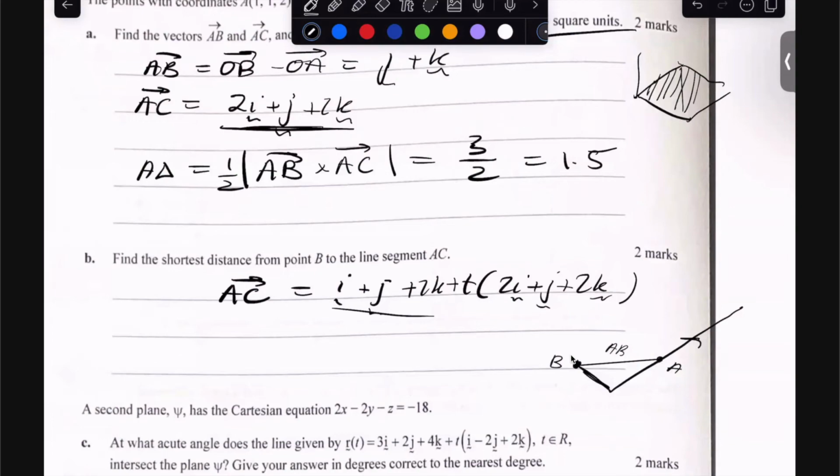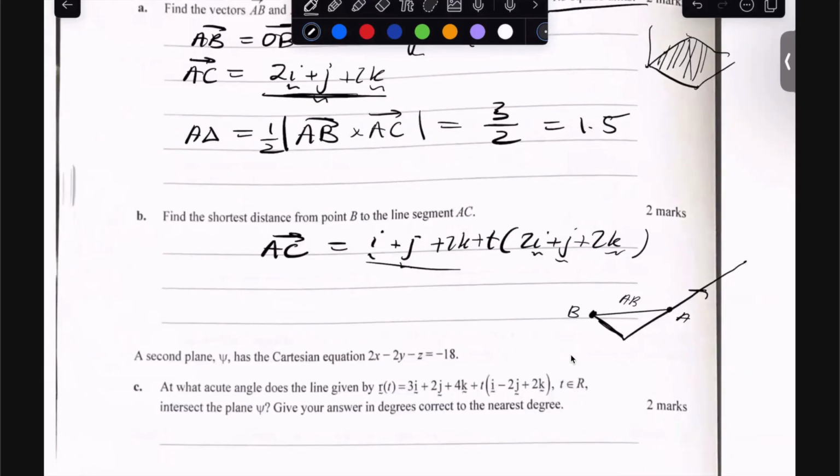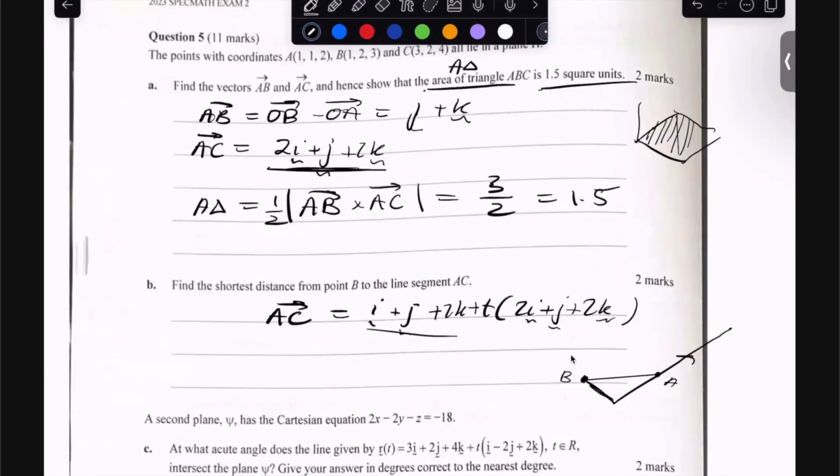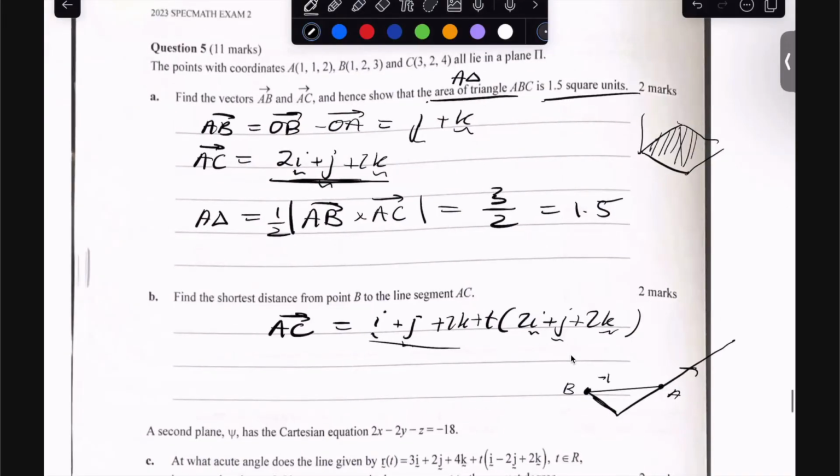So AB is going to be A minus B, which is negative i minus j, sorry, negative j, because the i is 0, minus k.